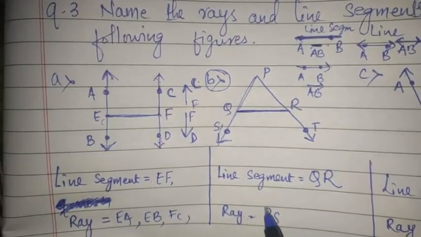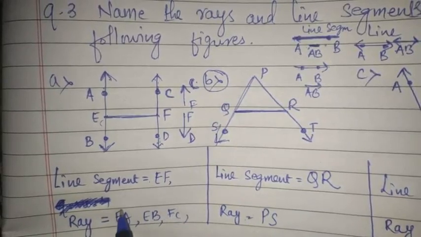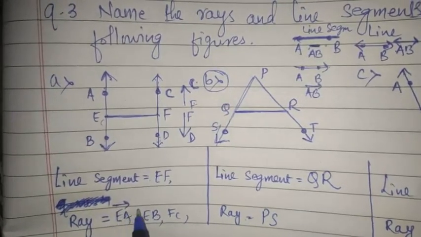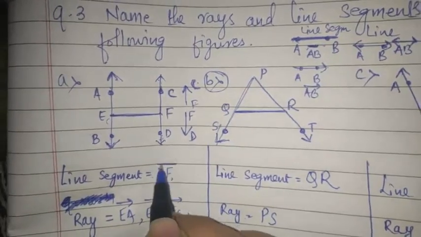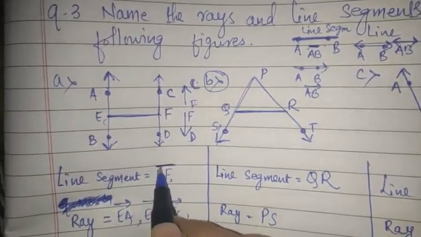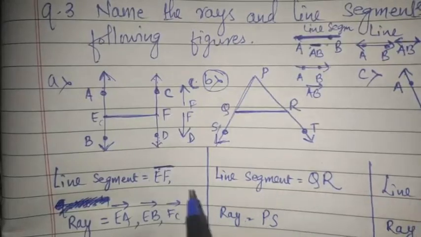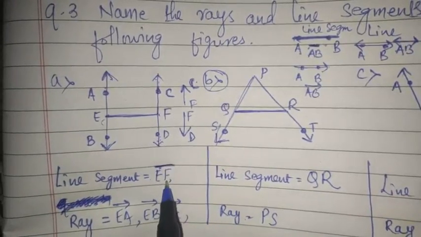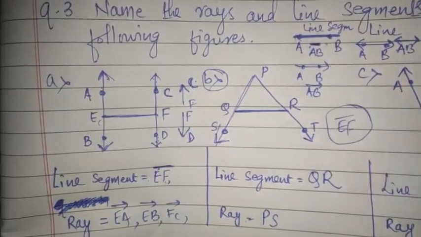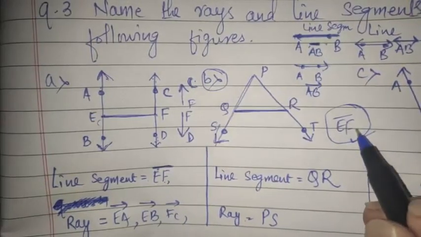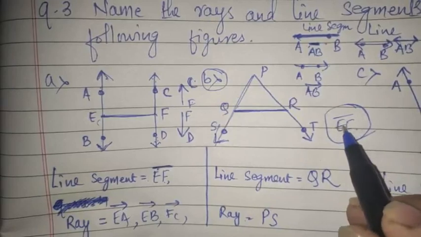PS is one ray. I forgot to mark here that EA should be marked like this, EB should be marked like this, FC should be marked, and EF should be marked like this. This symbol is very, very important. If you only write E, F and a bar, then automatically many of you will understand that it means line segment EF.